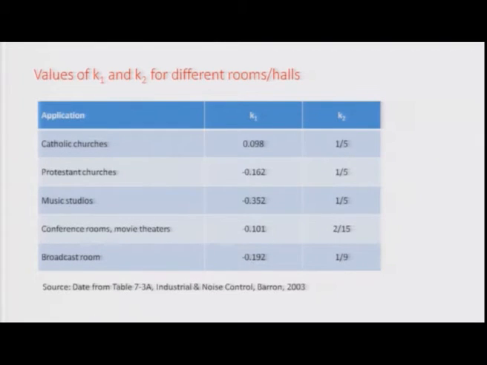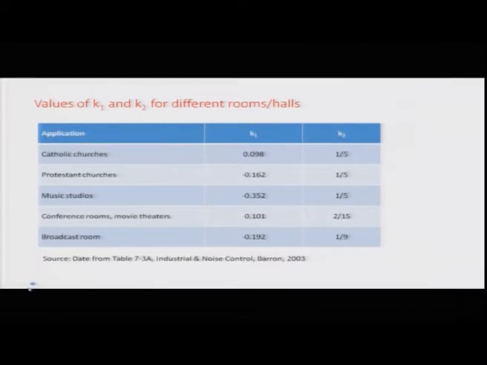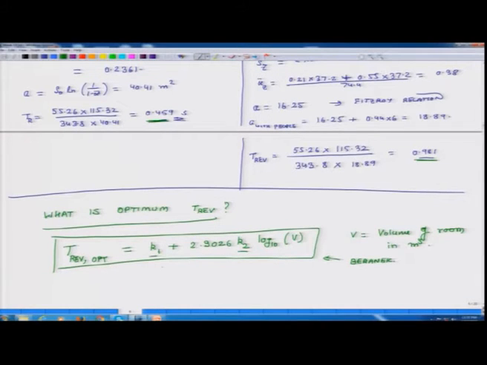So, the point is, at least in the context of our country or in this geographical area, maybe these churches and these things may not be that relevant, but there is data related to other applications also. So, the point is that if you have knowledge about K1 and K2, then you can use this relation to compute the optimum reverberation time.